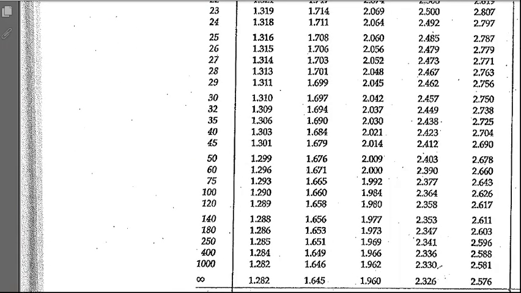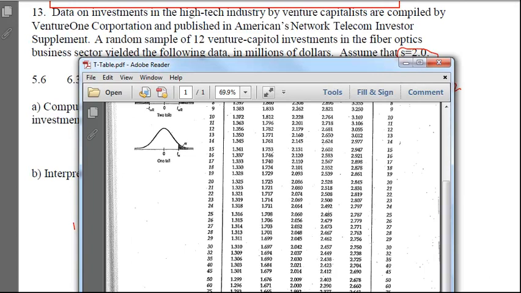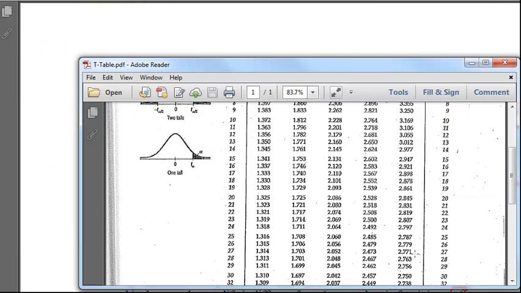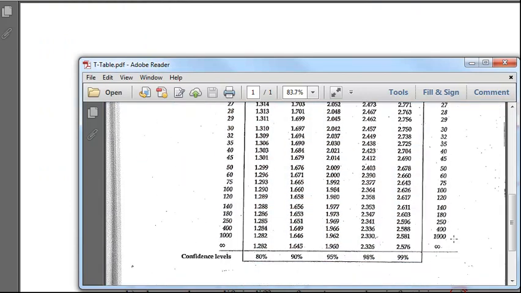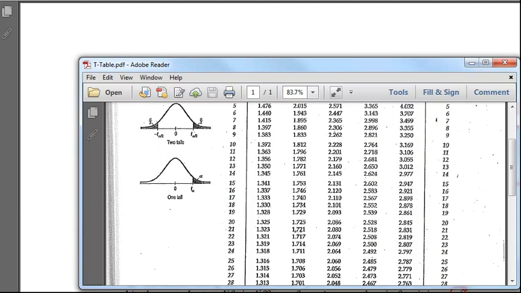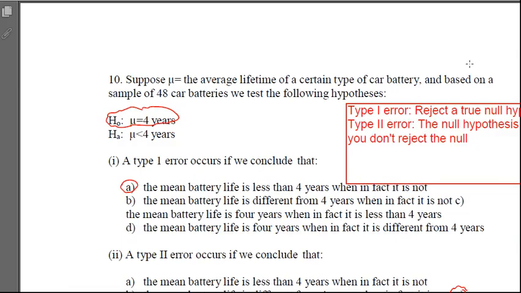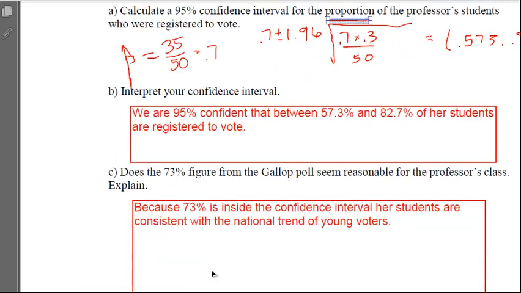At the bottom of the t-distribution table, we want a 90% confidence interval. I go to row 11 because that was n minus 1. And so here's row 11, and I would use 1.796 in my formula.